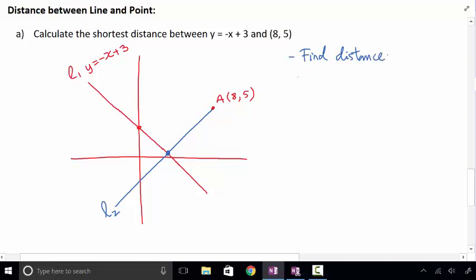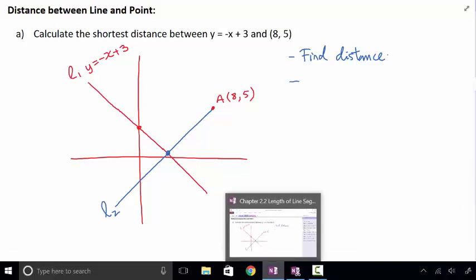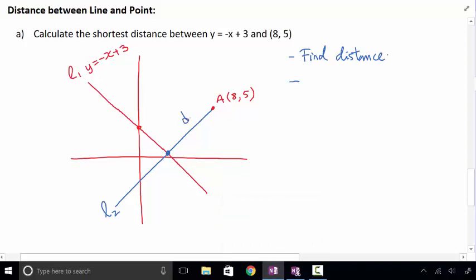Now, if I want to find the distance, what I need is what? Look. What am I looking the distance from? From A to here, which is, I don't know.